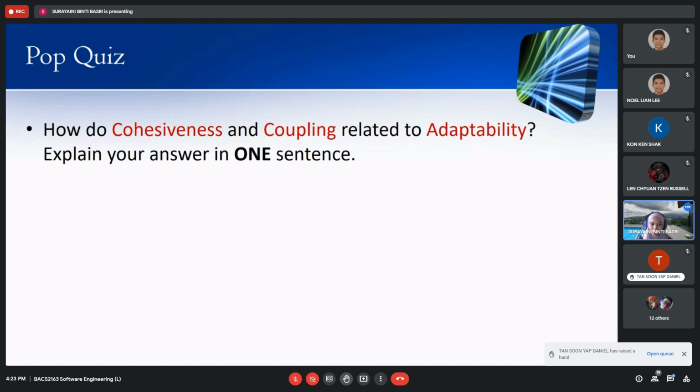So I'm waiting for Daniel and Zisheng Wong. Ha, 4:24 already. Okay, so Daniel and Zisheng Wong.